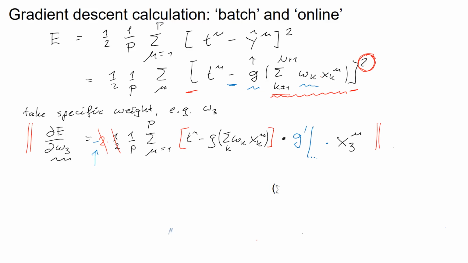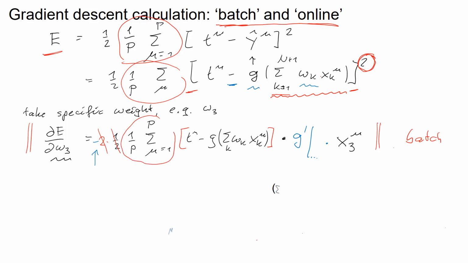Now, I said here in the title, we distinguish between batch and online. This is called batch. Batch means that I use all p patterns. In my error function, I have a sum over all p patterns, which remains here and which also shows up here.